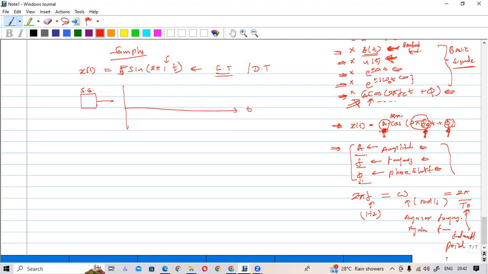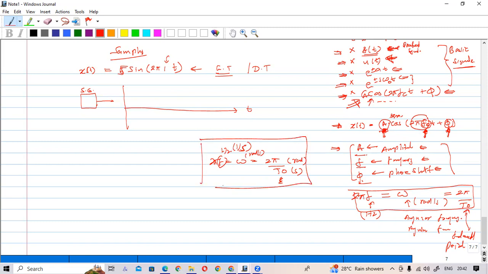You should remember this relationship: 2πf equals omega equals 2π divided by T₀. T₀ is the fundamental period measured in seconds. This 2π is measured in radians, so omega will be in radians per second. This f will be in hertz, or 1 over seconds. So you should also know this relation.